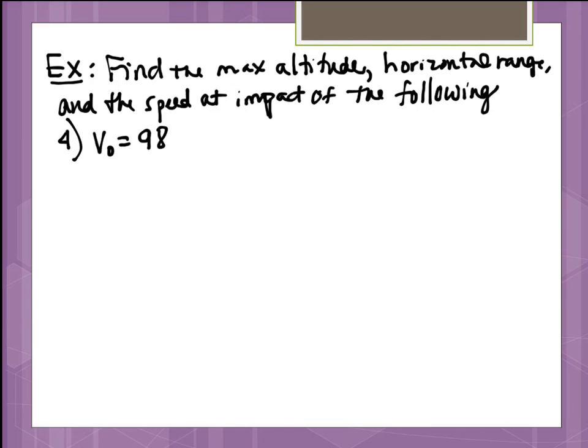V0 is 98, it's my initial velocity. My height in this problem is going to be 0, and my angle of elevation is pi over 6. Okay, we're going to start with the maximum altitude.